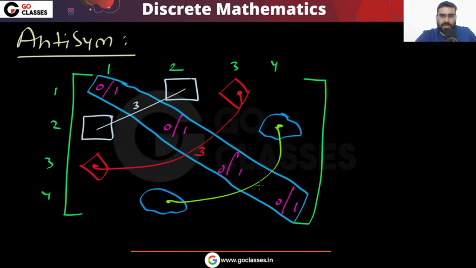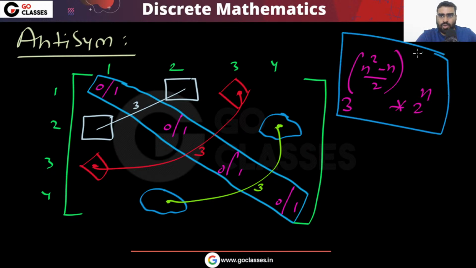So what I am saying is that your answer will be 3 power (n square minus n) by 2 multiplied by 2 power n, because the diagonal elements have two choices each. This will be your number of antisymmetric relations.